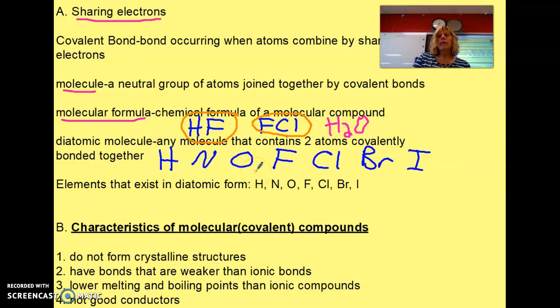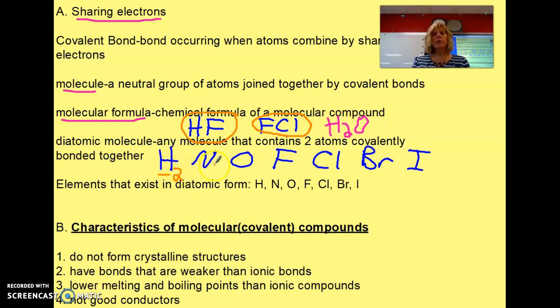But there are some elements that don't really like to be alone, let's just say that, and they don't really want to be by themselves. When it's a pure sample of, let's say, hydrogen, it's always two hydrogen atoms bonded together.